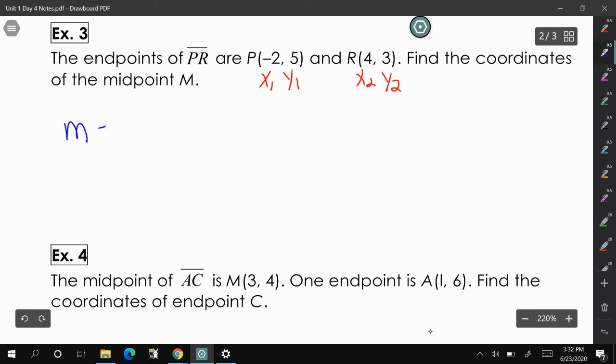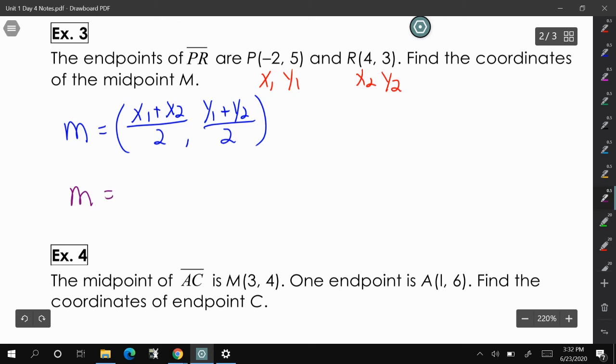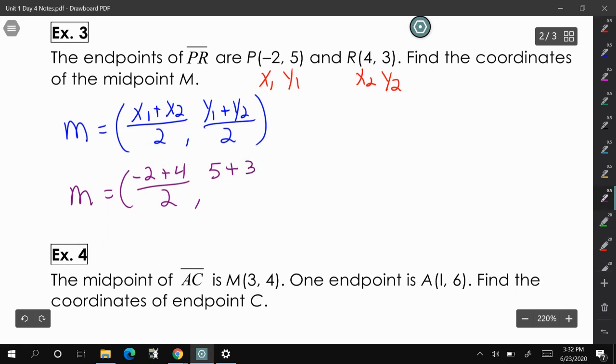So the midpoint formula, x1 plus x2 over 2, comma, y1 plus y2 over 2. And then I just plug in what I'm given. x1 is -2, x2 is 4, y1 is 5, y2 is 3, or 2.